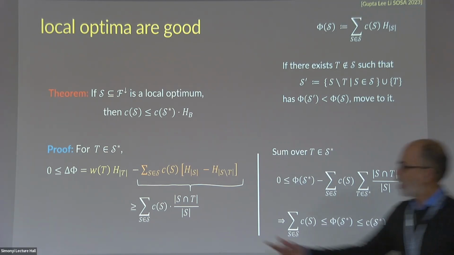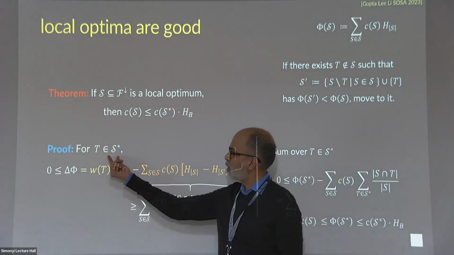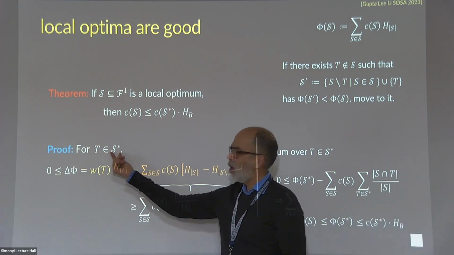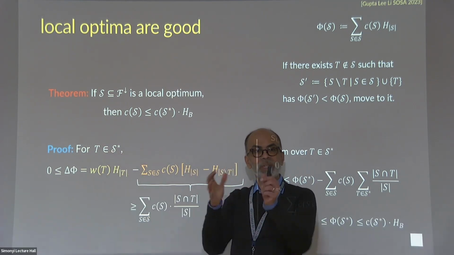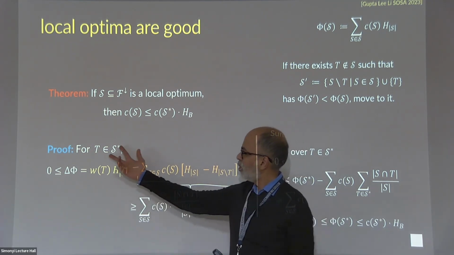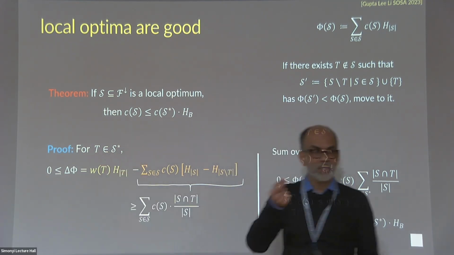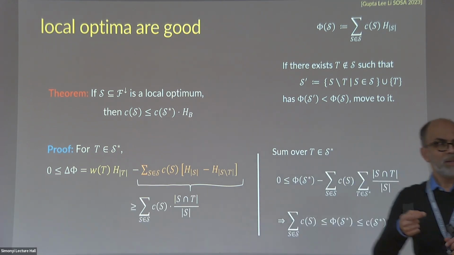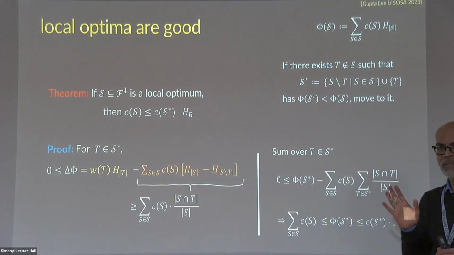Exactly. So in fact, all you need to do is check only the sets of opt, which are elements of the original ground set. So all the test moves I'm doing are with respect to the original ground sets.